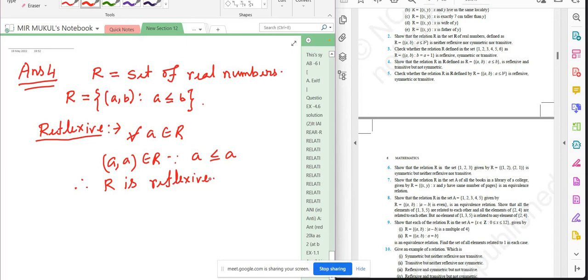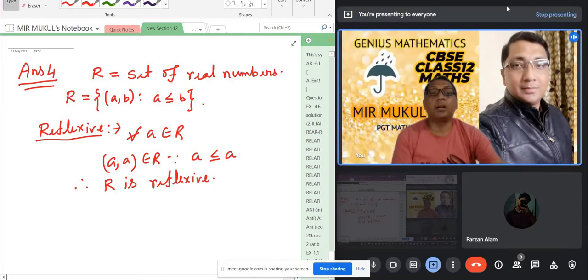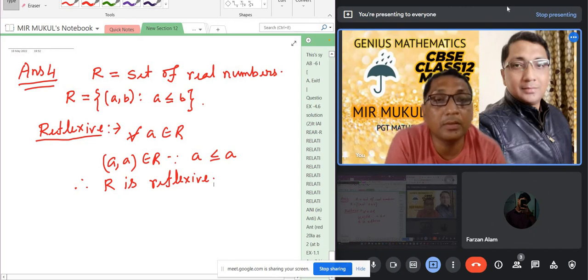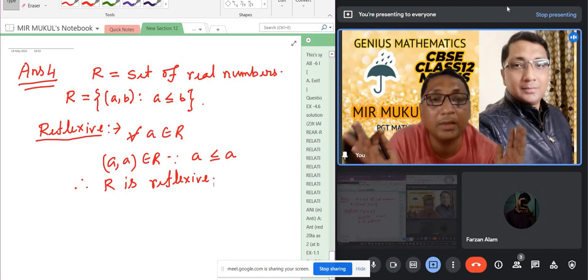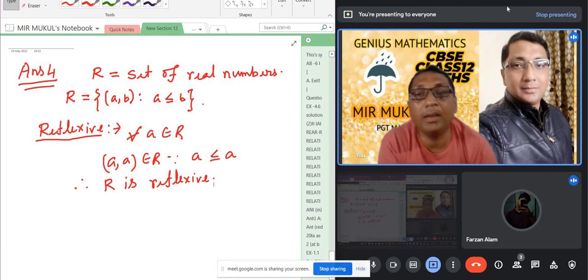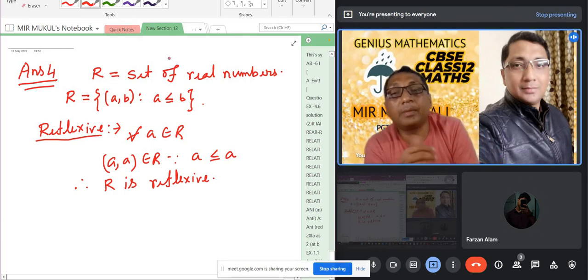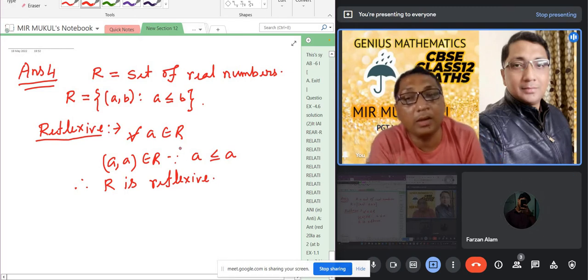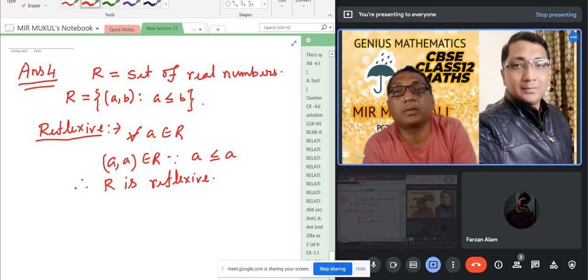If it is reflexive, you have to tell in general terms, for all real numbers.